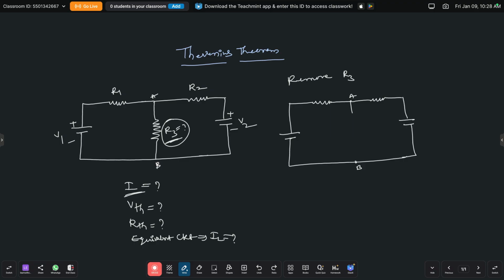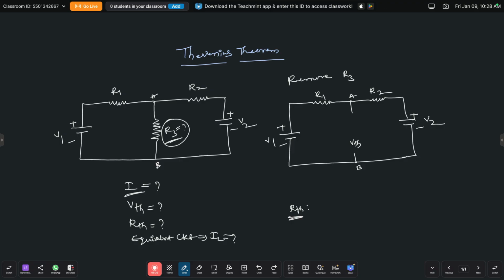Here we need to find the value of V Thevenin. This is R1 and this is R2. By applying nodal or mesh analysis, we find the current through these elements, and then we find V Thevenin. To find R Thevenin, we redraw the circuit, but in place of the voltage source it should be short circuited, and in place of a current source it should be open circuited.